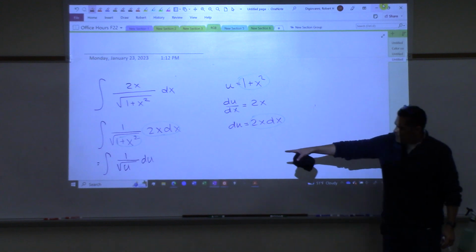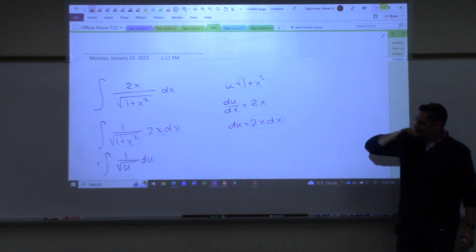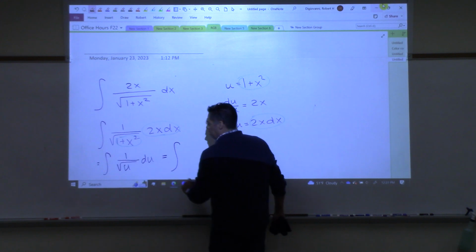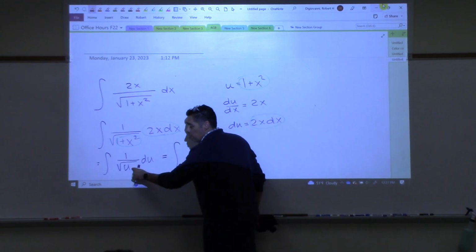Do we have a formula for that? Because we should be able to take the antiderivative of that. No, because that would be like natural log of absolute value, square root of something. Yeah, the natural log only works if this was 1 over u, though, right?